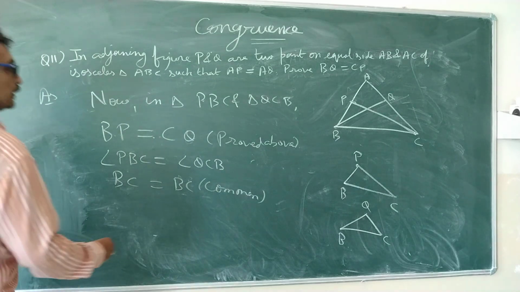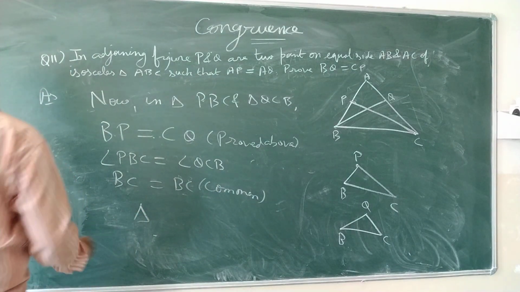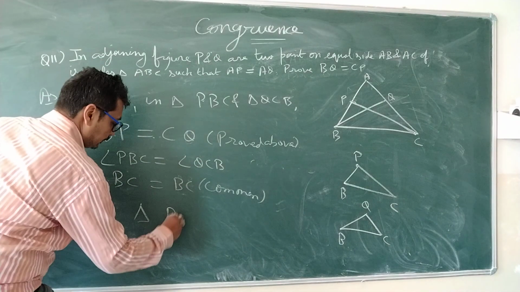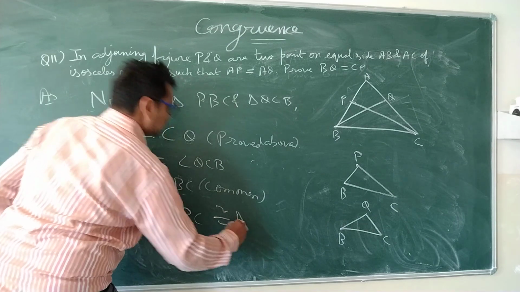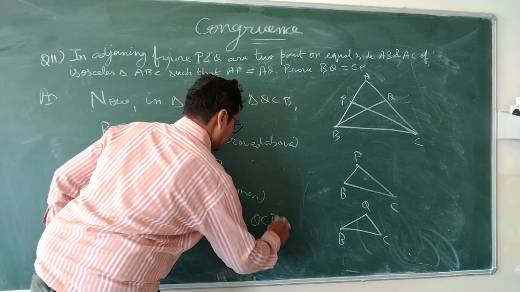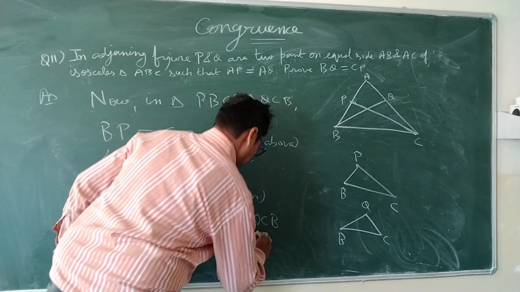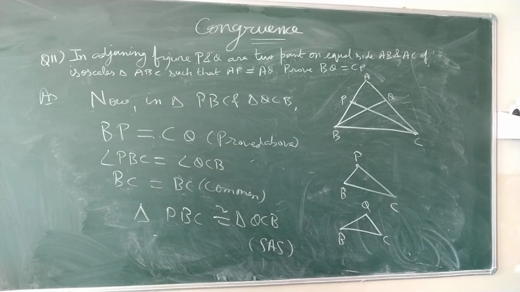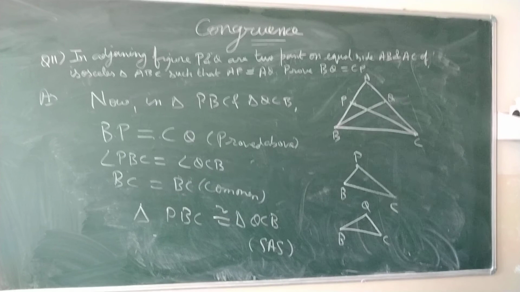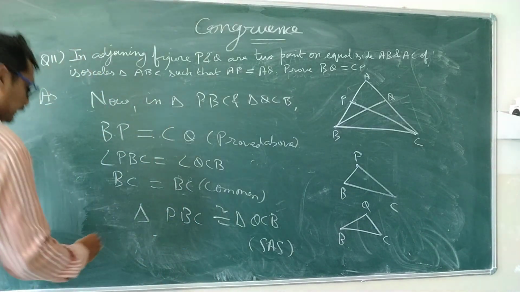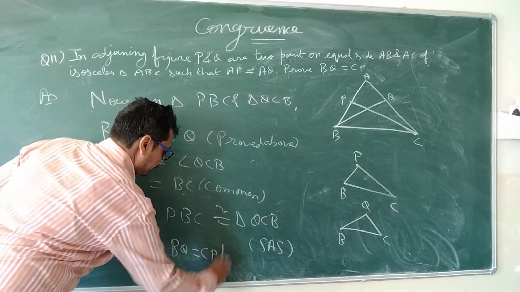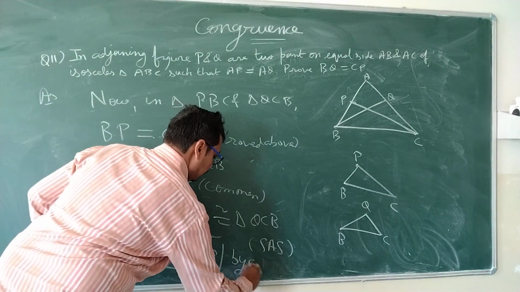So we can say triangle PBC is congruent to triangle QCB by SAS. Hence we can say BQ is equal to CP by CPCT.